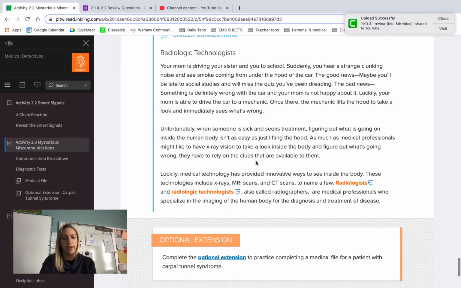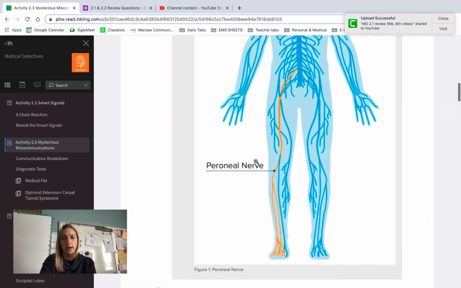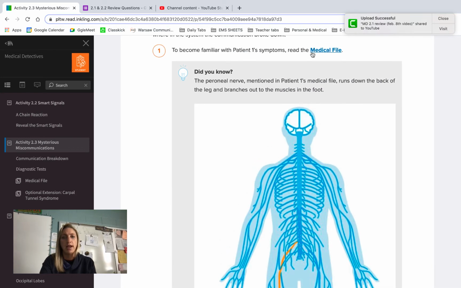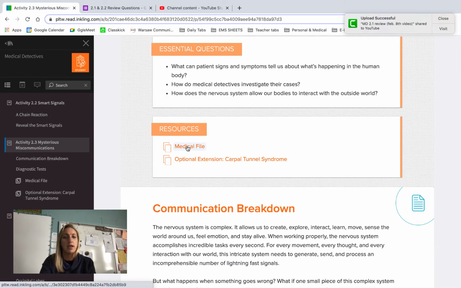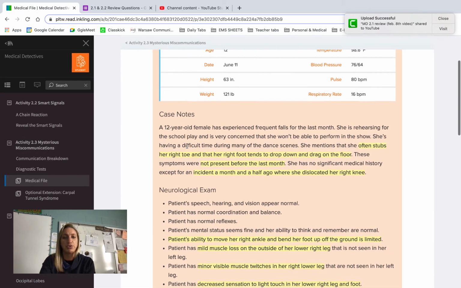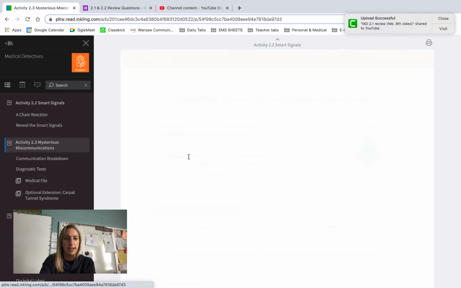Once you've read through everything, come back up here above the image here. You're going to see right here where it says medical file under number 1. It also is posted way up at the top under resources. Click on the medical file. I want you to read and highlight through that case file.